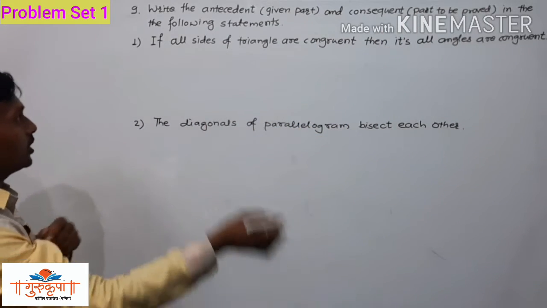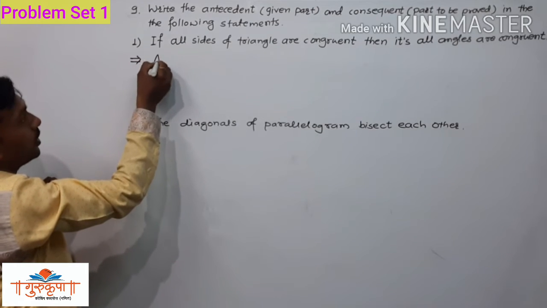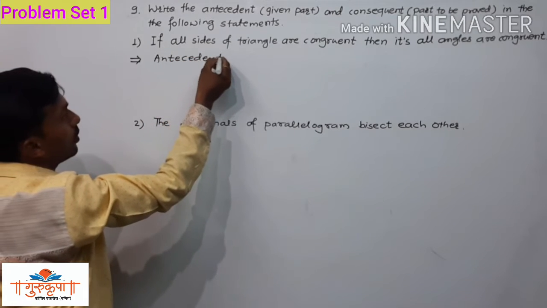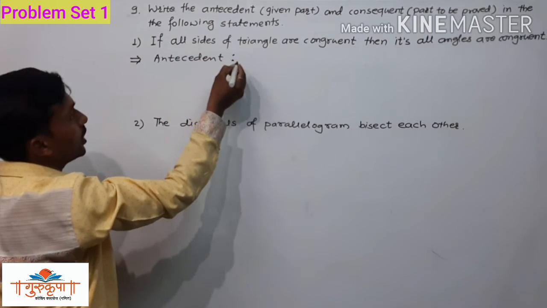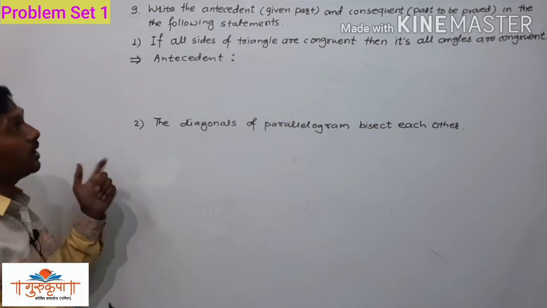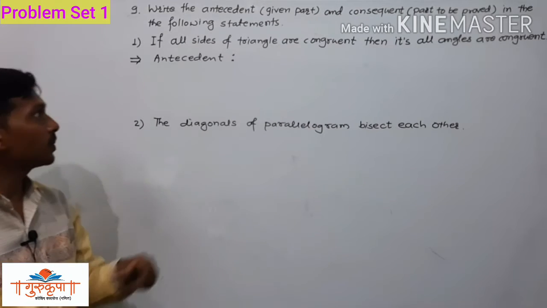So we will write the antecedent for the first statement, or you can represent it as the given part also. Now what is the antecedent? Antecedent is nothing but the statement followed by if.